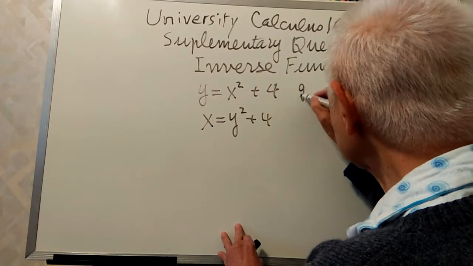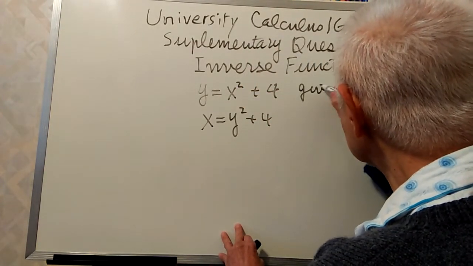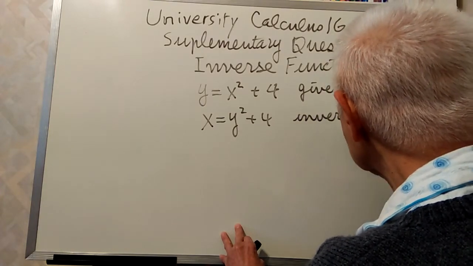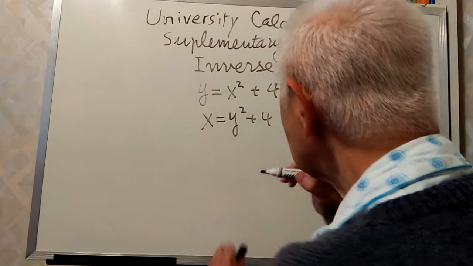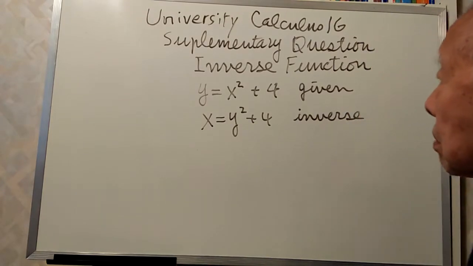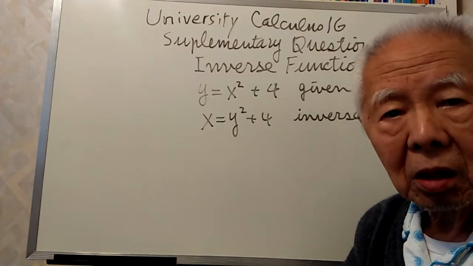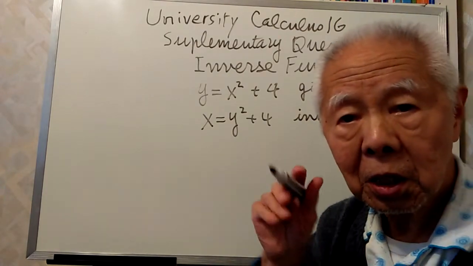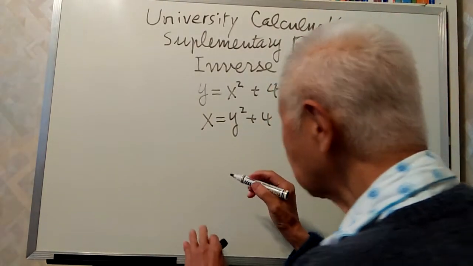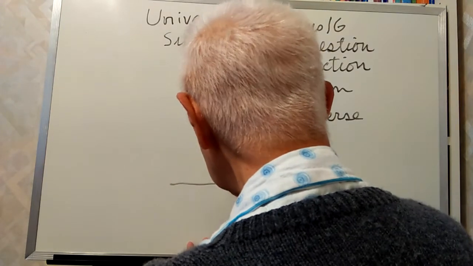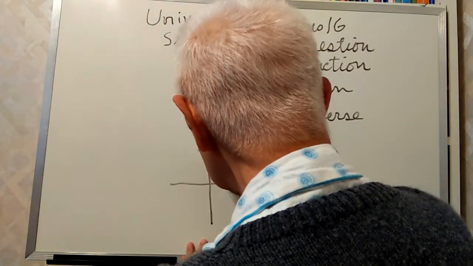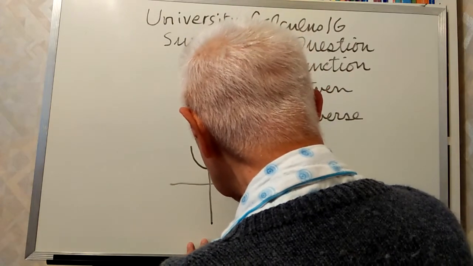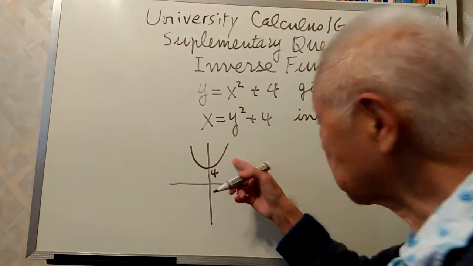So this is given, and this is the inverse. This given function is a parabola. This is a given function.